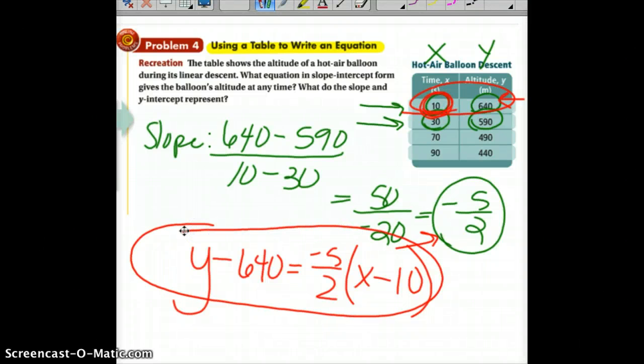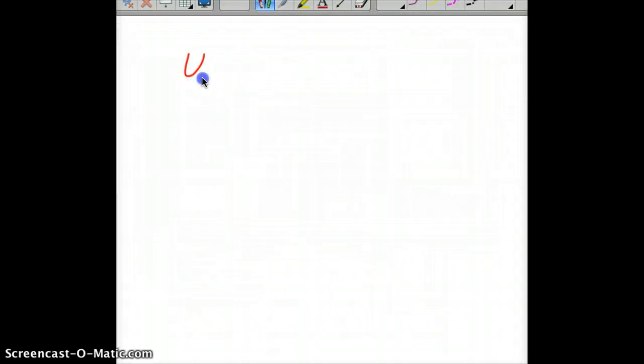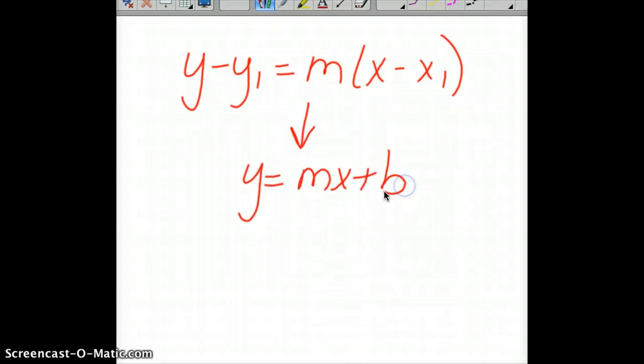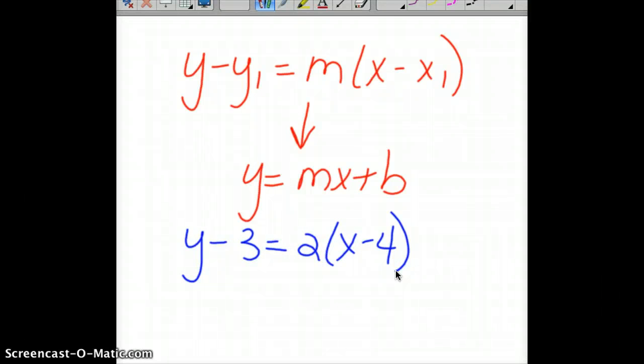Now, real quick, we can go from point slope form to slope intercept form. Basically, all you need to do is this. If I had y minus 3 equals 2 times x minus 4, pretend that was our point slope equation.